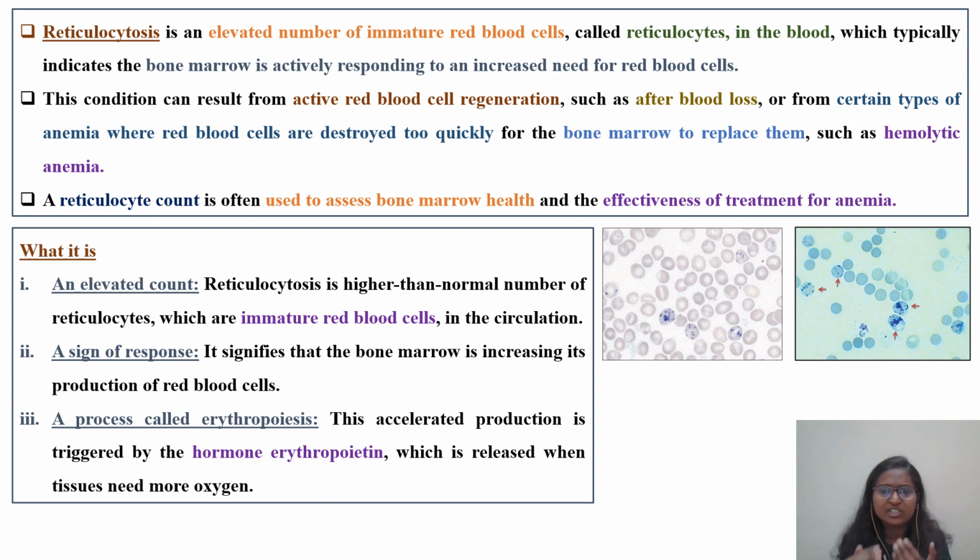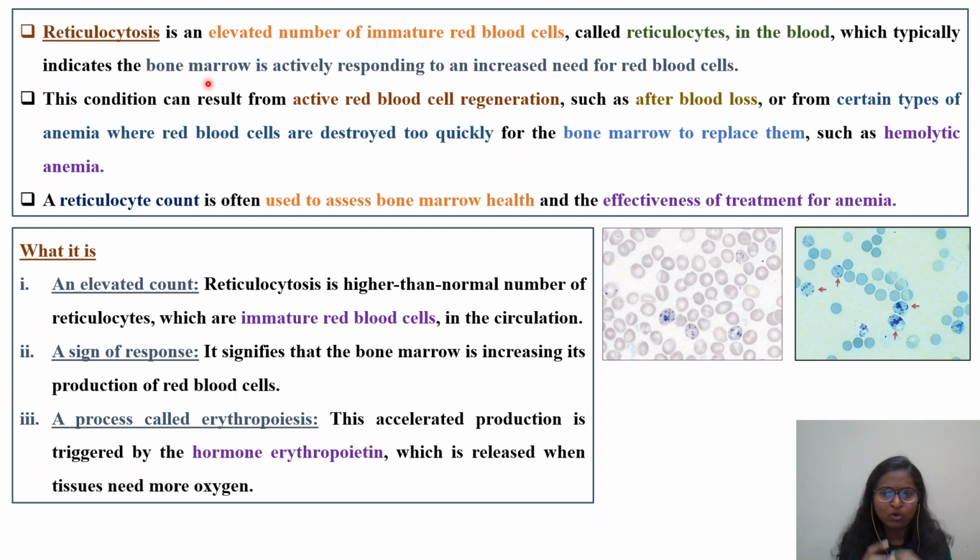What else can we understand about this concept? Some of you might still have a little confusion, so let's see a proper definition. What is reticulocytosis? It is an elevated number of immature red blood cells. In the blood we have RBC, WBC, and platelets, and the RBC number will be increased, and that too immature, young ones called reticulocytes, which typically indicates the bone marrow is actively responding to an increased need for red blood cells.